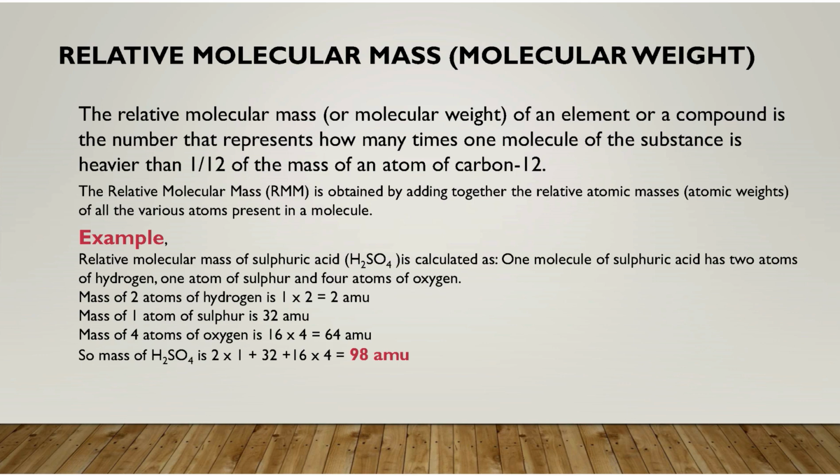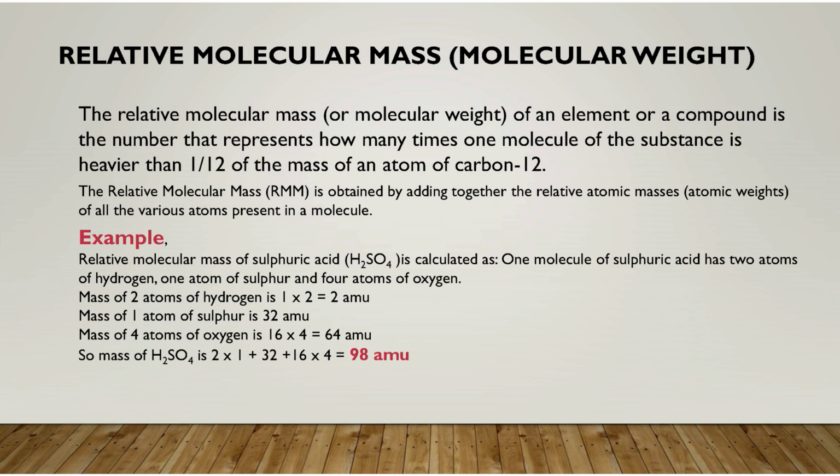To find out the molecular weight, you have to remember the atomic numbers and atomic masses of the elements. If you know the atomic number and atomic mass, you can calculate the molecular weight easily. Look here, the mass of 2 hydrogen atoms. We know the atomic mass of hydrogen is 1, so 1 multiplied by 2 equals 2 AMU.